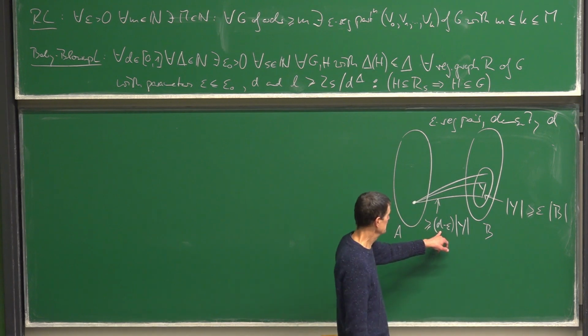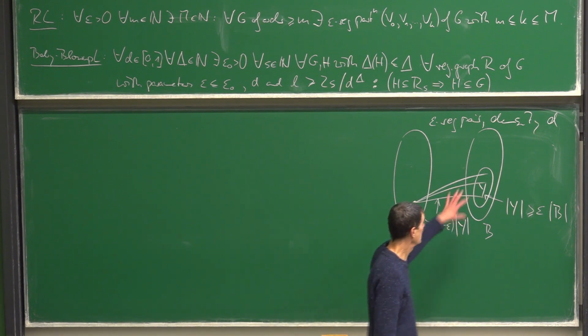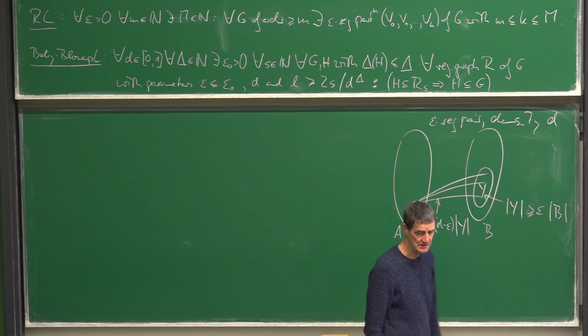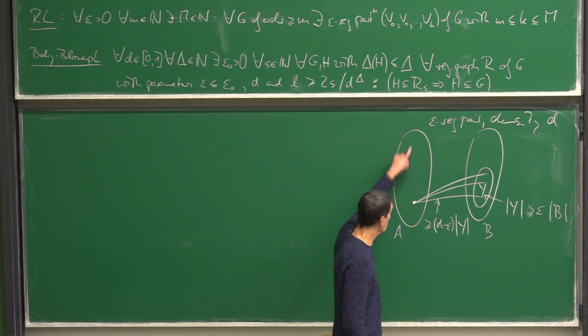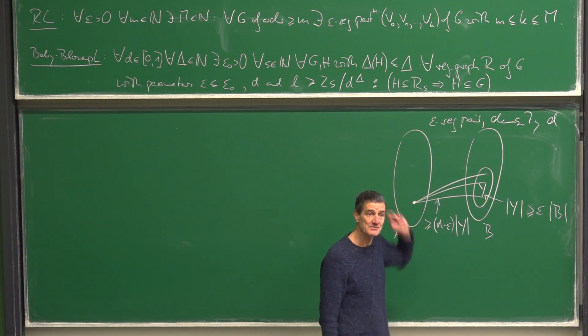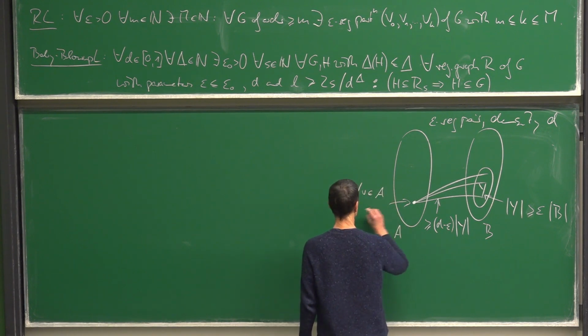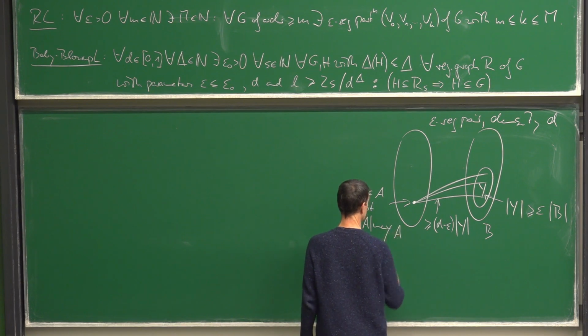Here the reference quantity is d, and we deviate from d by at most epsilon when we count the number of edges that a particular vertex sends to this arbitrary Y that is not too small. That is the assertion that this holds for most vertices. What is most vertices? Well, all of them except fewer than epsilon times the order of A. For all v in A except at most epsilon A many.